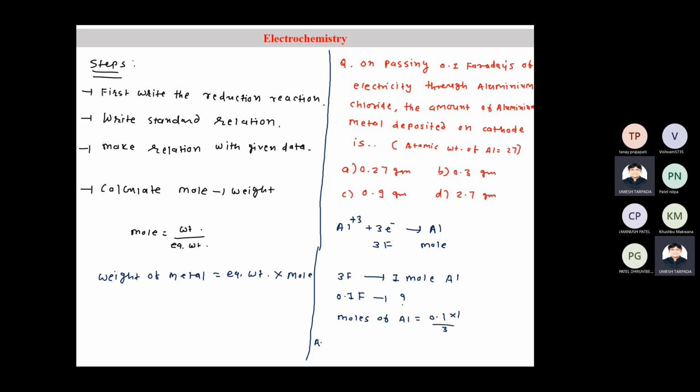So the amount of aluminum deposited is equal to its mole into equivalent weight. So 9 3s are 27, it's 0.9 gram. So this becomes the correct answer.